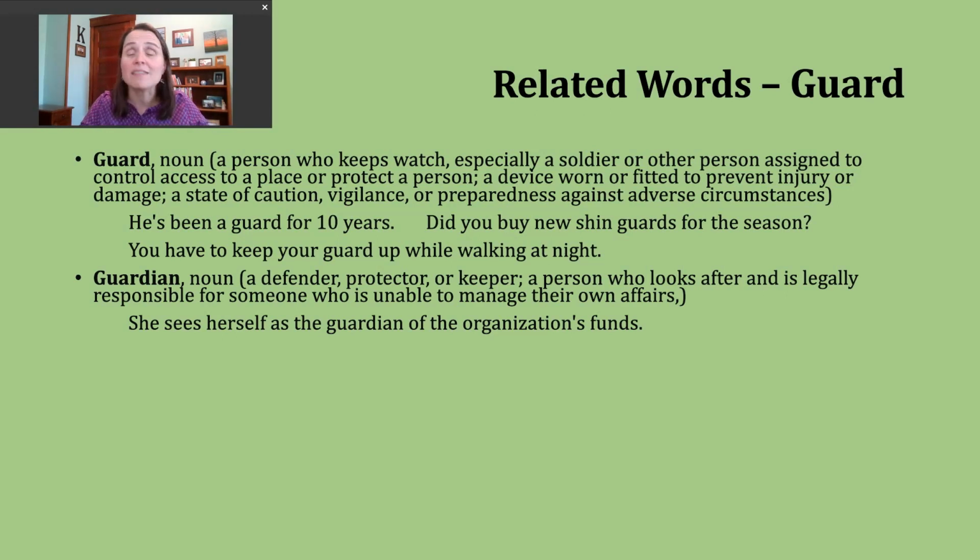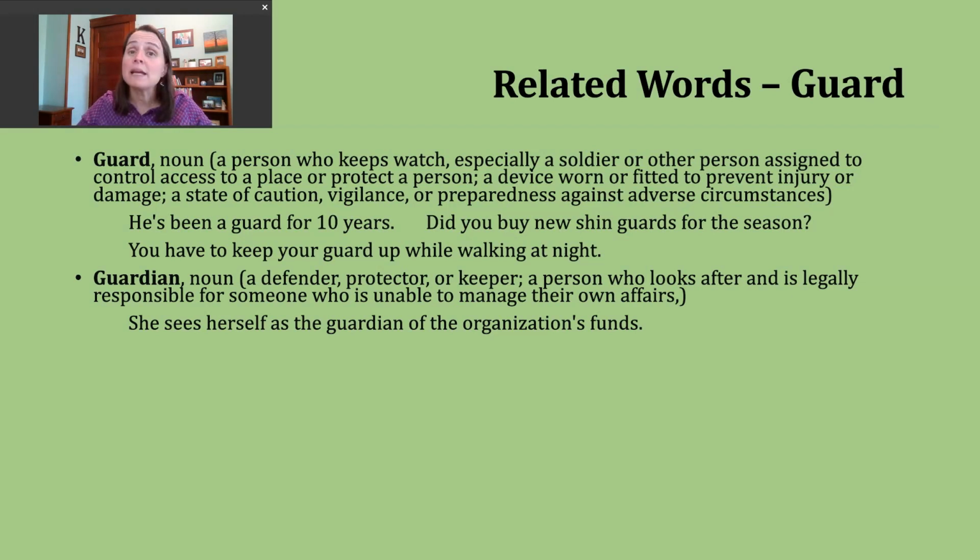Now, a second way this noun guardian gets used is more common in legal matters. So this is someone who looks after and is legally responsible for another person. And it might be because that person is a child and they're not able to take care of their own affairs.